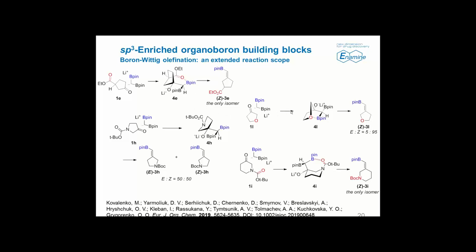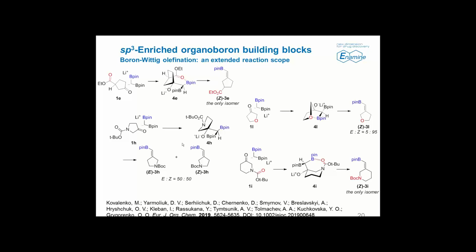For the cases where such coordination is possible, we observed high Z stereoselectivity. For other compounds, where such coordination was not energetically favored, mixtures of diastereomers were formed.